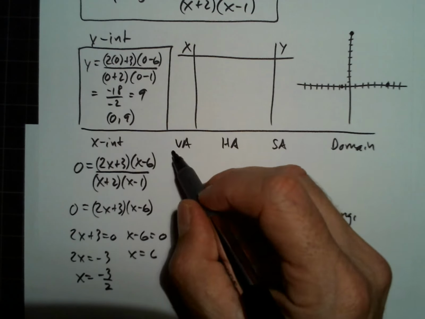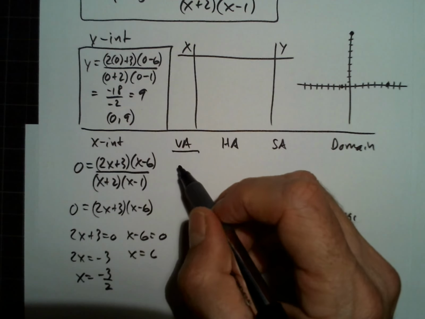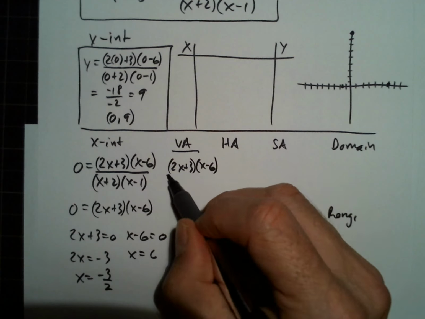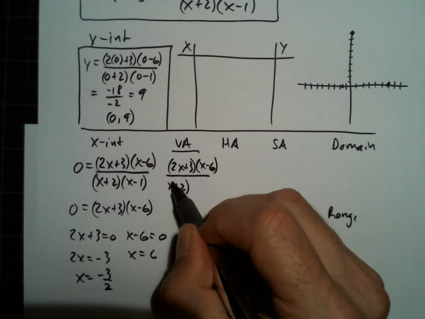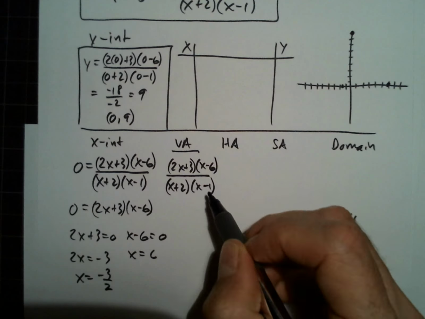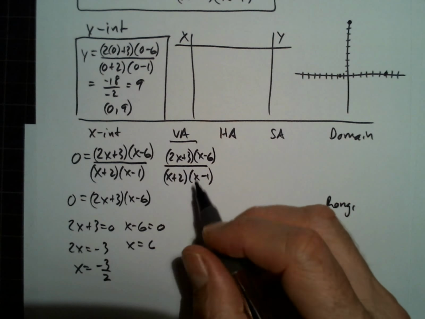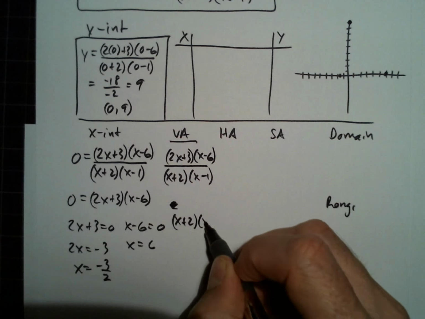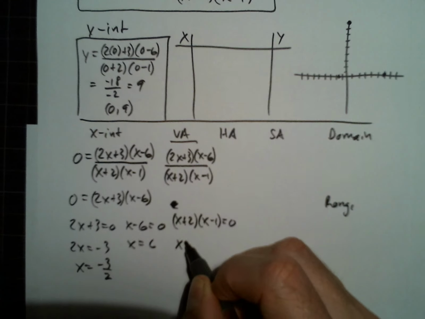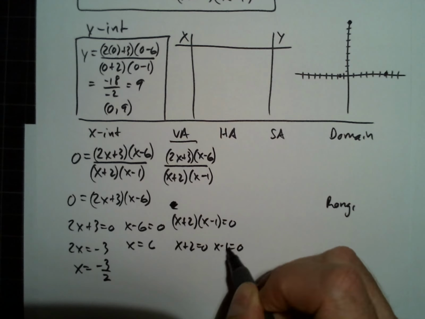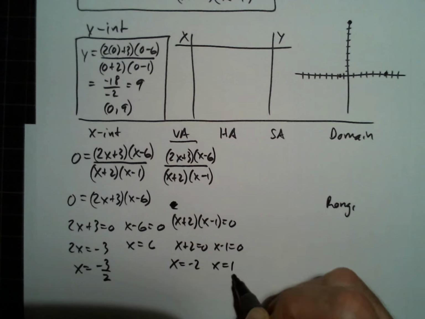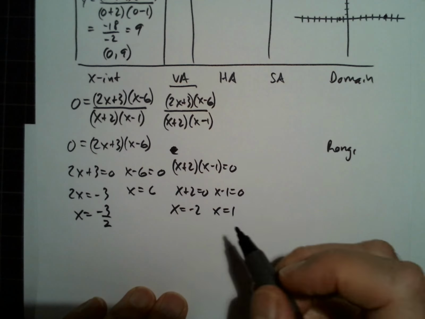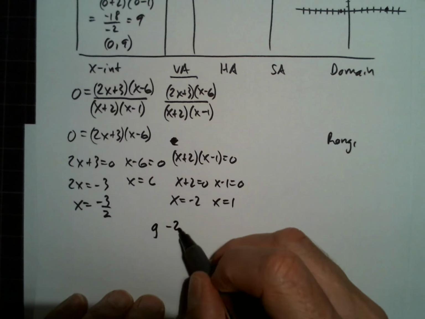Okay, let's find the asymptotes. The vertical asymptote is when the denominator is 0. So we want to have the denominator equals 0, and we're going to have x plus 2 equals 0, x minus 1 equals 0, -2, and 1. And we want to make sure that those do not make the numerator 0, so we check in the original function.